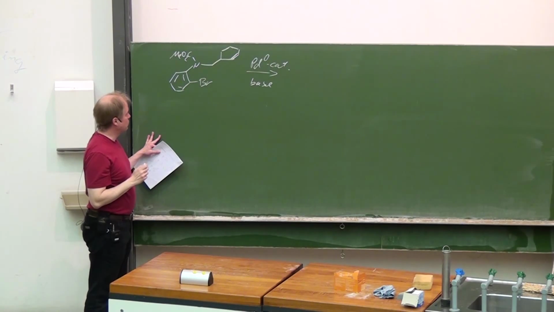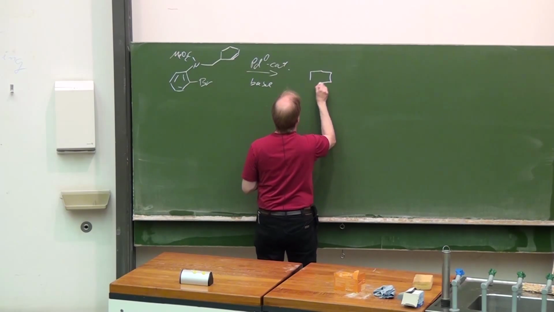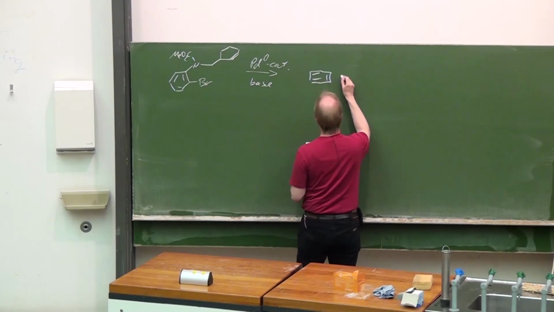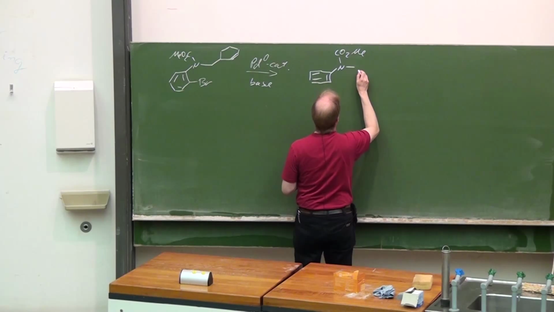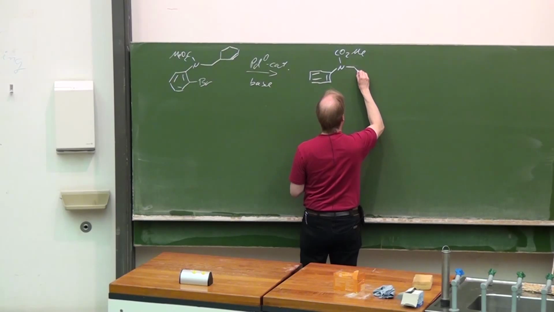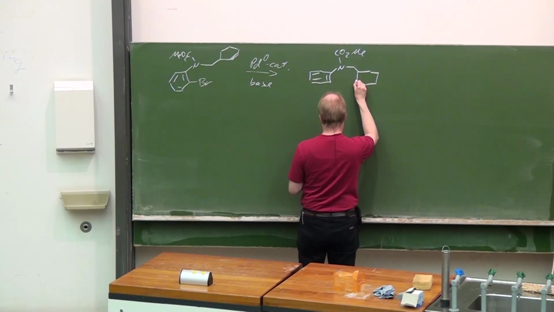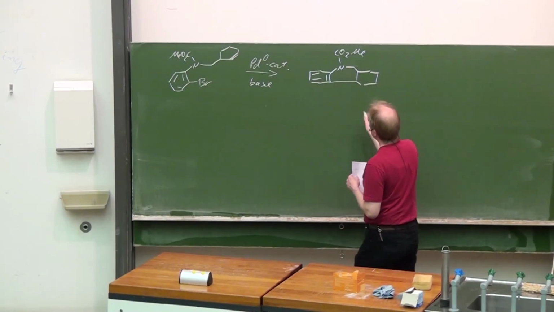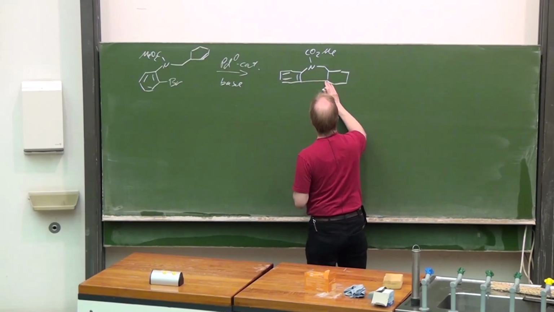After that syn-carbopalladation, we have the following situation, forming a 6-membered ring here in the middle.